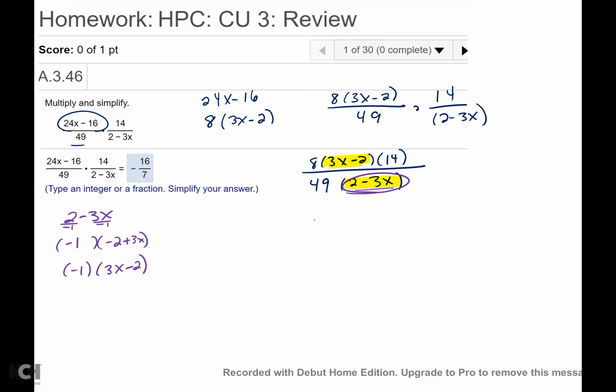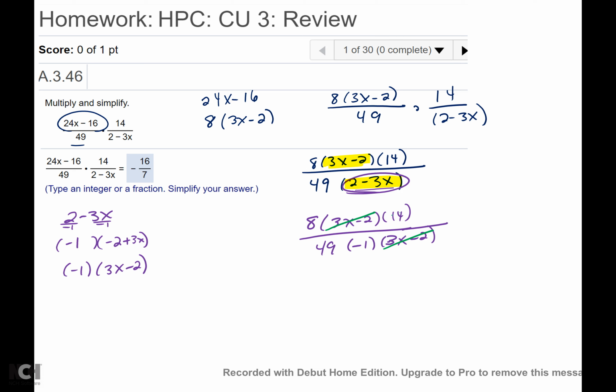So I'm going to rewrite this one. So I have 8 on top times 3x minus 2 times 14. On bottom I have 49 times -1 times 3x minus 2. So now we can see that we can cancel the 3x minus 2's.